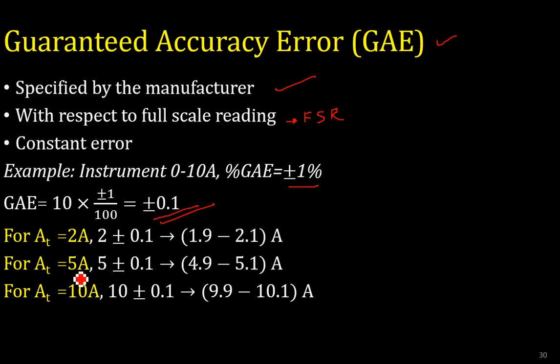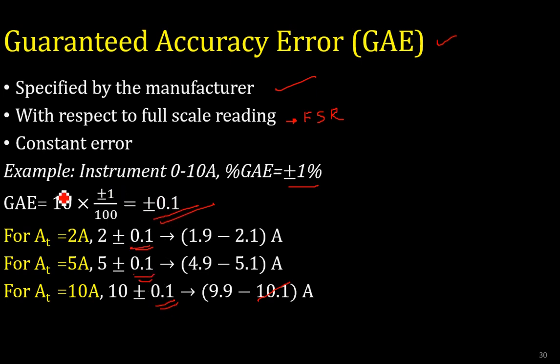Again, when you measure 5 amperes, your error will again be 0.1, because this is a fixed error or a constant error for the instrument. So it will be 5 plus or minus 0.1, that is 4.9 to 5.1. And when you measure 10 amperes, it will be 10 plus or minus 0.1, so 9.9, and this 10.1 you can neglect. So this plus or minus 0.1 is a fixed value. Why do you get this as a fixed value?